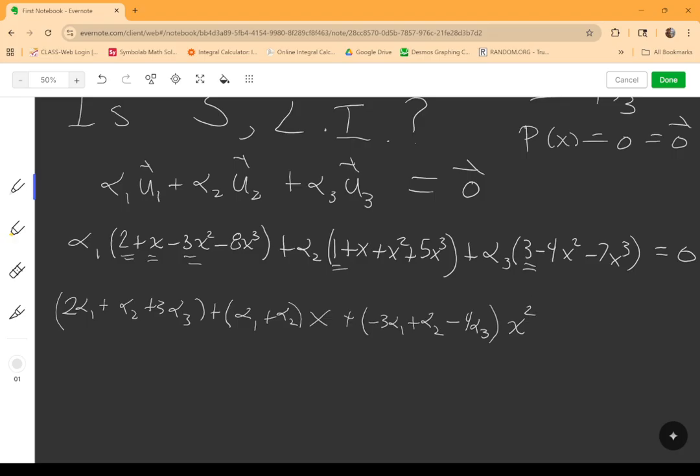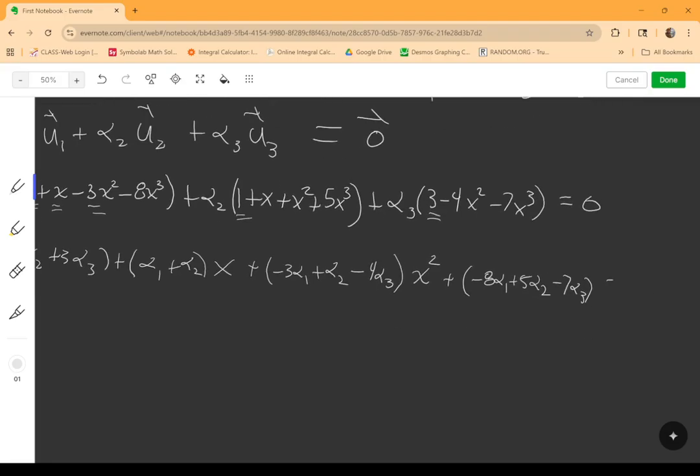That's x squared. And then lastly, my x cubed, we get negative 8 alpha 1, and then plus 5 alpha 2, excuse me, and then minus 7 alpha 3. All of that equals 0.